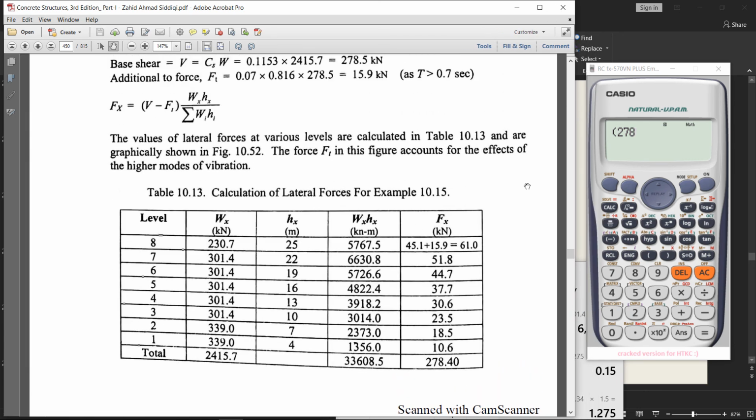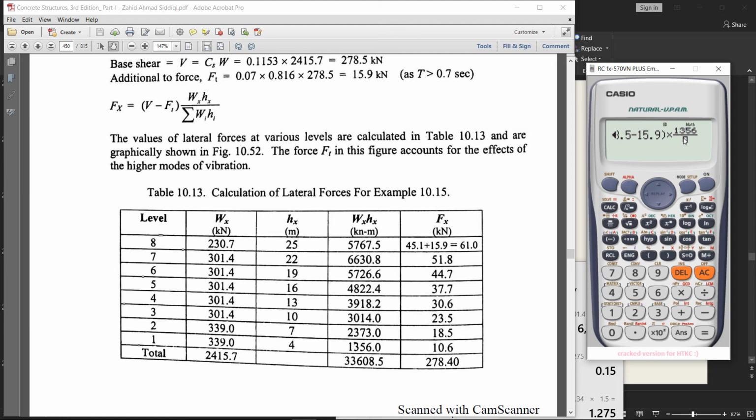The base shear is 278.5 minus Ft, which is 15.9, multiplied by wx hx of that story, that is 1356.